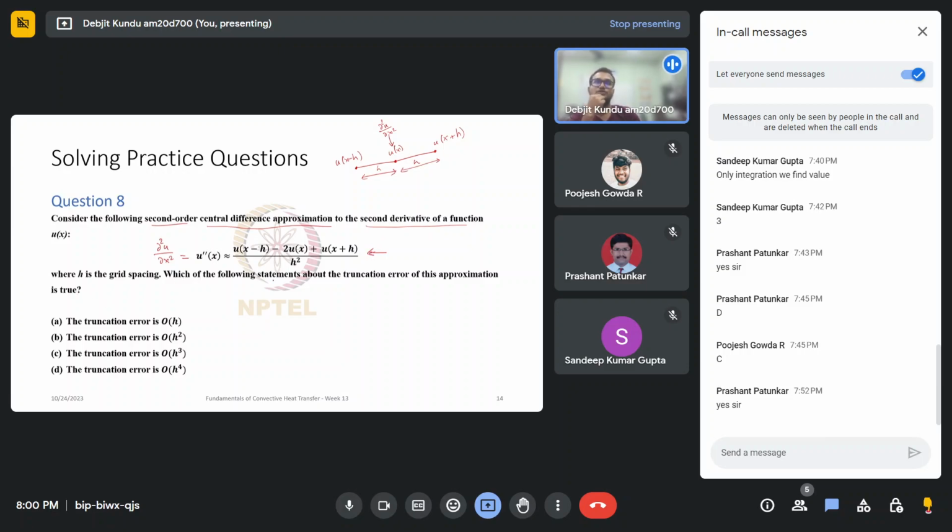The question is, which of the following statements about the truncation error is true? Option A is the truncation error is order of h. Option B says the truncation error is order of h squared. Option C tells us this is order of h cubed. And option D says that this is order h to the power 4. Which one would it be?